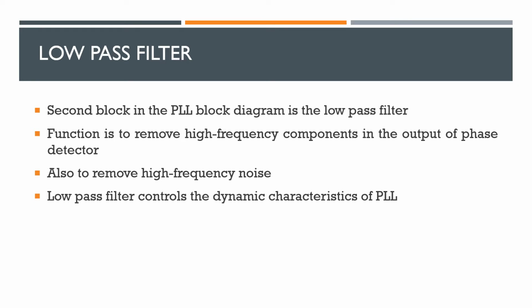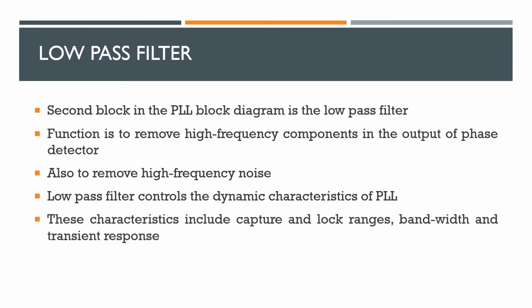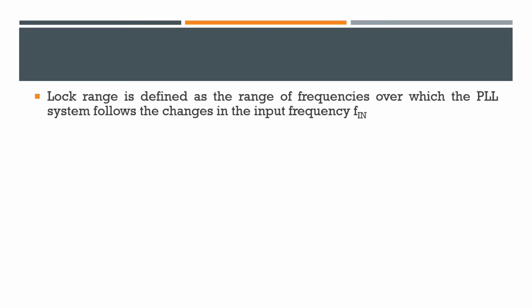The low pass filter controls the dynamic characteristics of the PLL, and these characteristics include the capture and lock ranges, which we have seen as the different states of the PLL, also the bandwidth and transient response of this particular PLL. The lock range is defined as the range of frequencies over which the PLL system follows the changes in input frequency, either F in or Fi.